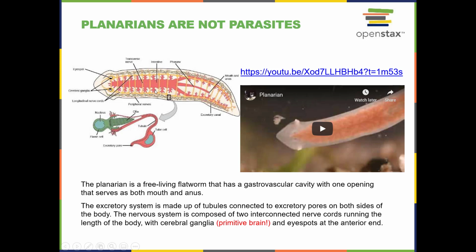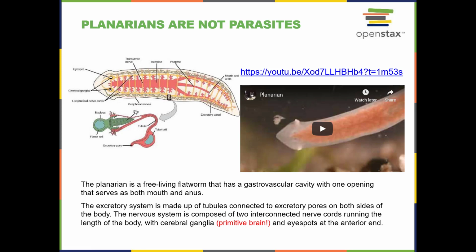If you cut the animal in half or into thirds, what's interesting is any part of the animal can regenerate the eye spots and the cerebral ganglia. So it's interesting that you can cut the planarian, and if you cut it into 3 pieces, a week later you'll have 3 planarians in the test tube.